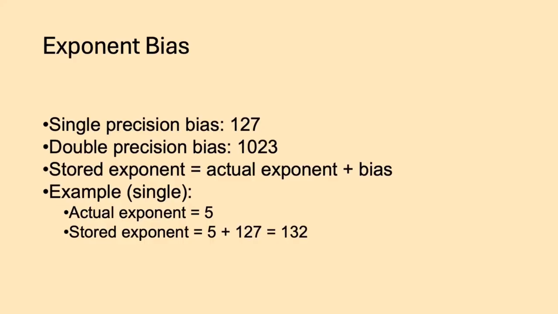The bias for single precision is 127, and for double precision, it is 1023. To take an example, if a single precision floating point number's exponent had the value 101 binary or 5 in base 10, then the stored exponent would be 101 plus 1111111, which equals 10000010, or in base 10, 5 plus 127, which equals 132.